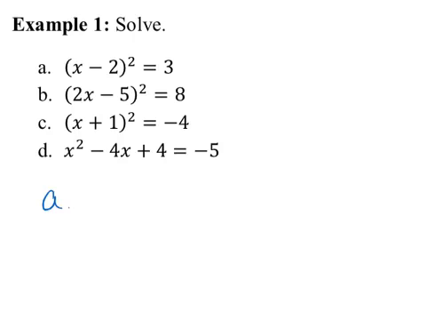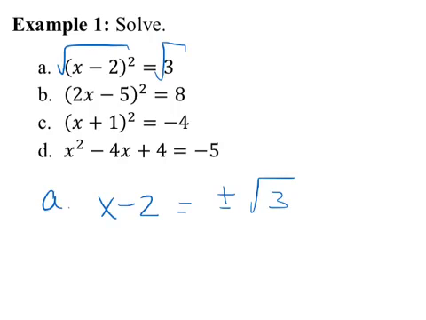So part A, when we square root this side and we square root this side, this becomes x minus 2, but we have to remember that this is plus or minus root 3. It's plus or minus because, remember, when we're solving an equation and we take the square root, we have to consider the plus or minus value of this real number here.